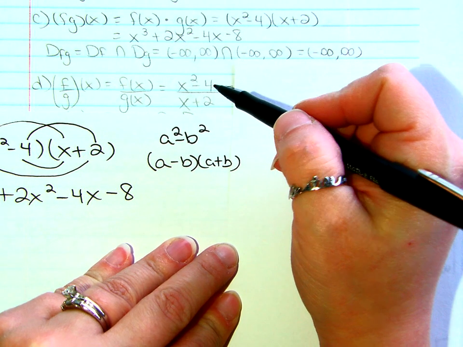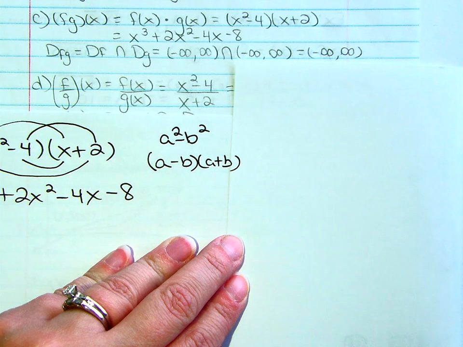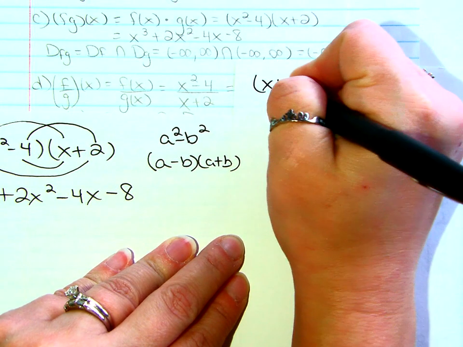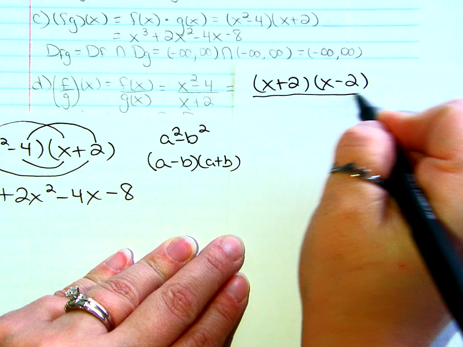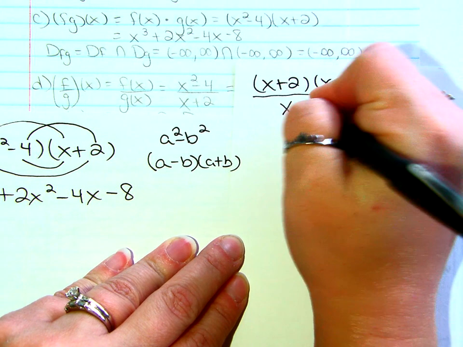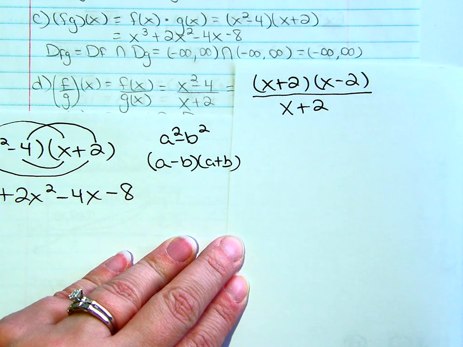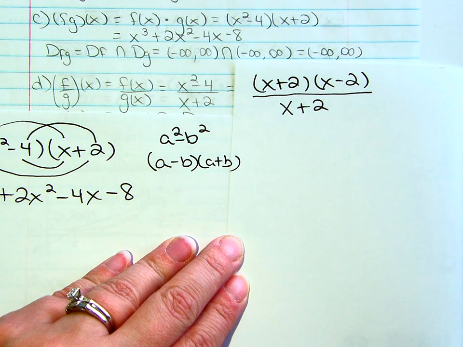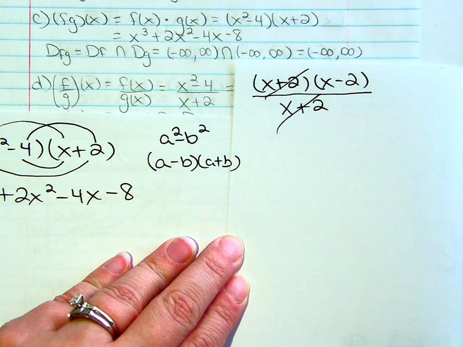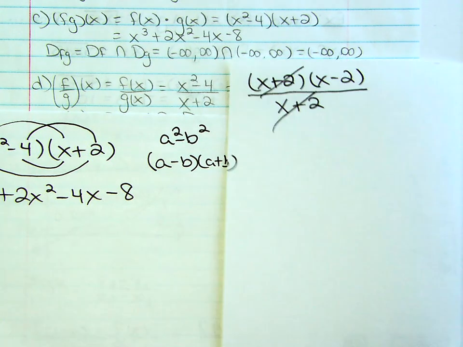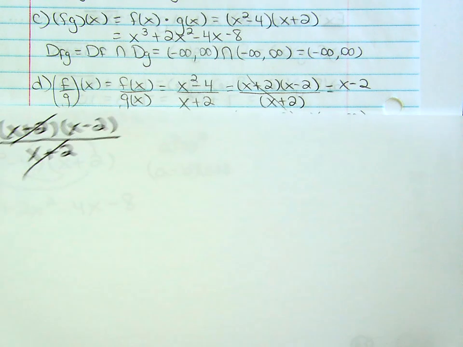That means this factors into x plus 2 and x minus 2. Why is that important? Because if we have an x plus 2 times an x minus 2 on top and an x plus 2 on bottom, we actually have stuff that's going to cancel, leaving us with just an x minus 2.